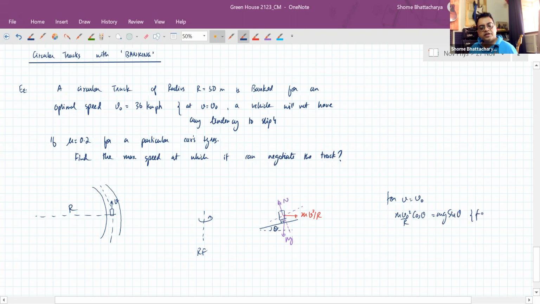So there is no friction acting on the tires. So which in this case will become tan theta is 1/5.